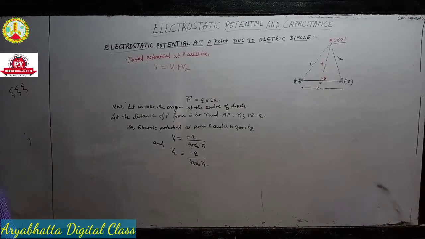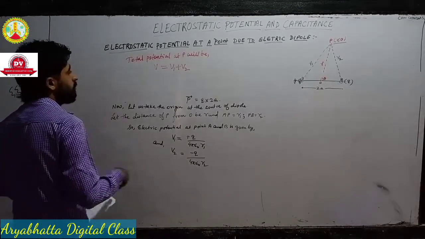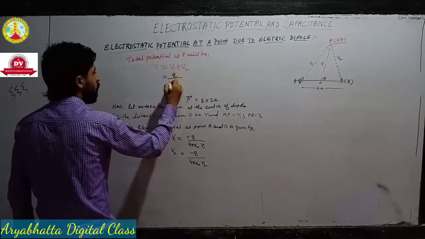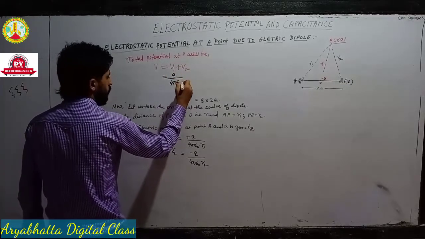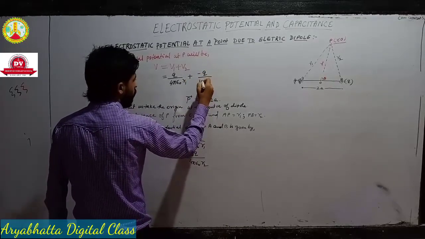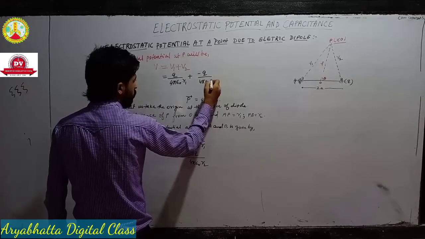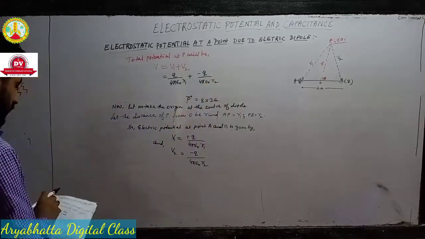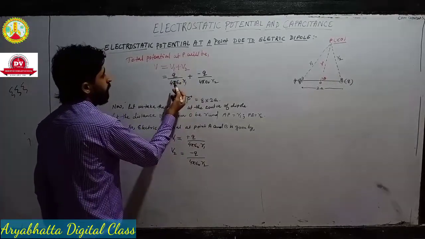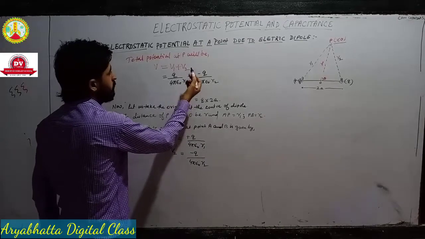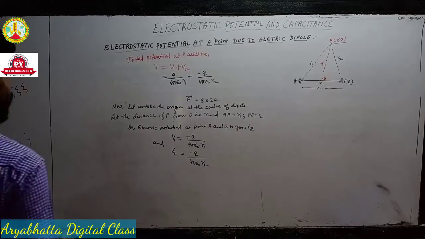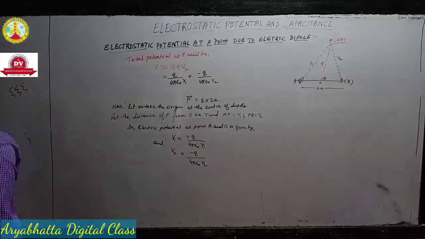Now see, what is the value of V1? Q by 4 pi epsilon naught into R1 plus minus Q by 4 pi epsilon naught into R2. Is this clear to everyone or not? Fine. So see, we have got Q by 4 pi epsilon naught into R1, plus V2, which is minus Q by 4 pi epsilon naught into R2. Now let's see what we'll get here.